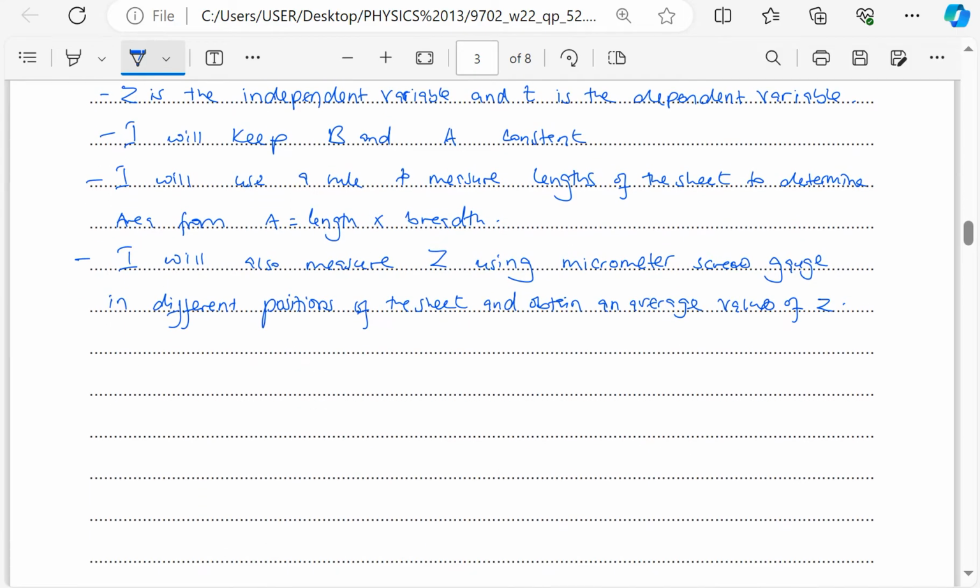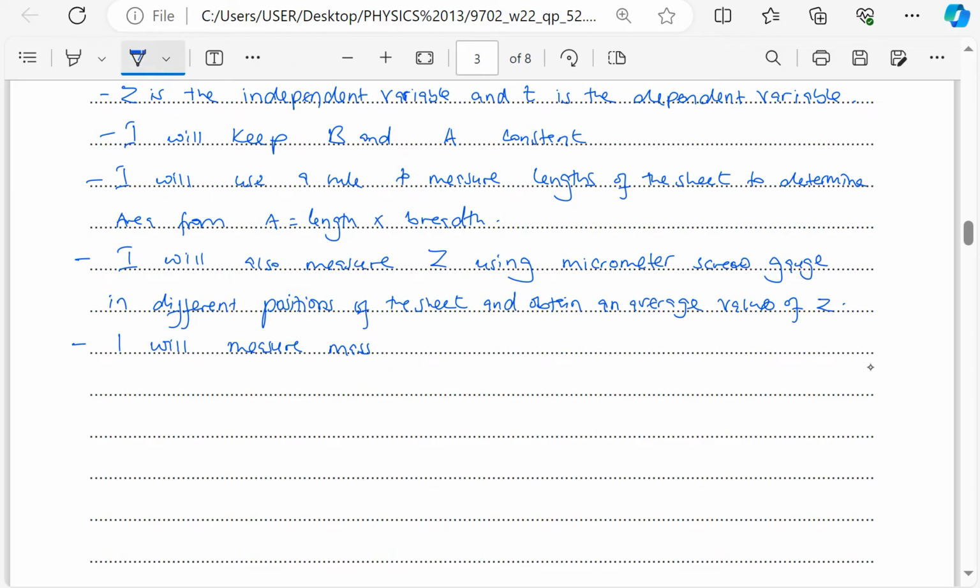I think I should also measure the magnetic flux density before I set up my apparatus. Oh, by the way, I need to measure the mass. I will measure the mass of the sheet with a balance and obtain its volume because I've already got Z and the area A. I don't even need to introduce another letter.